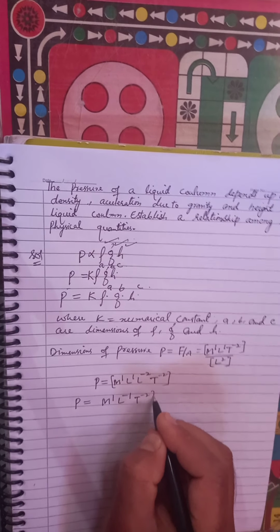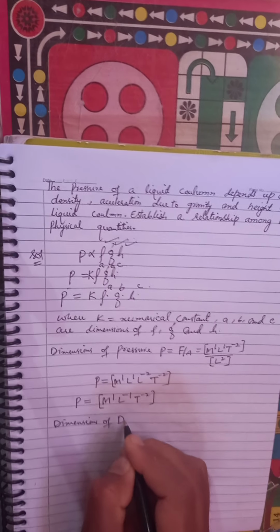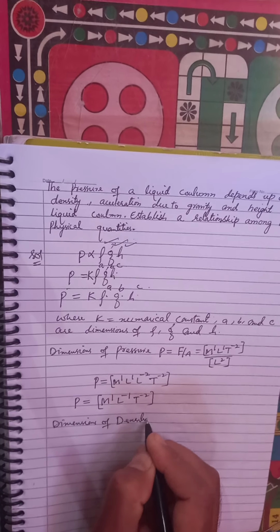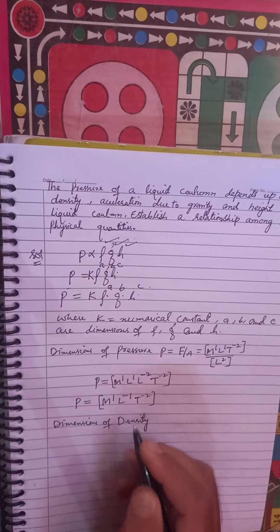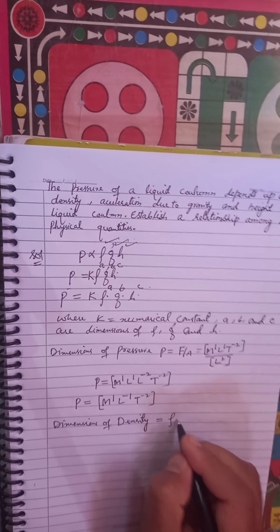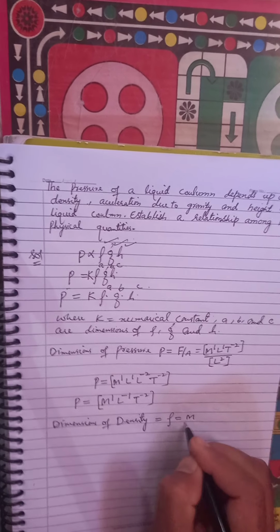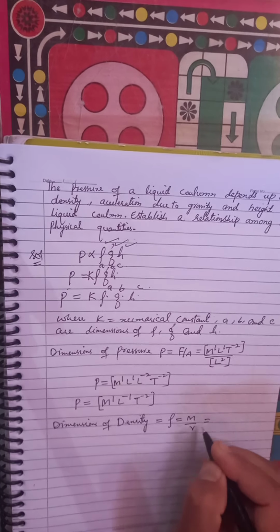Now the second term is density. Dimensions of density. So we have to write the dimensions of every physical quantity here. We know that density, denoted by rho, is equal to mass per unit volume, so mass M divided by volume.